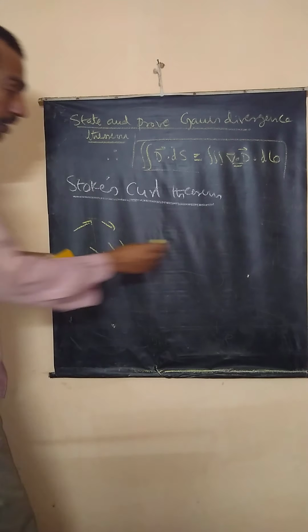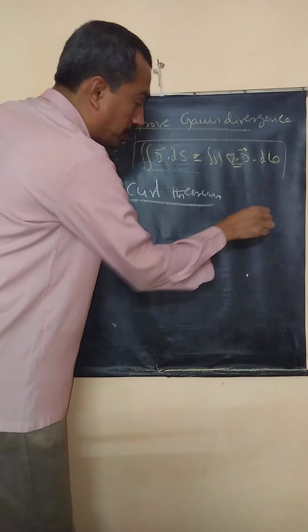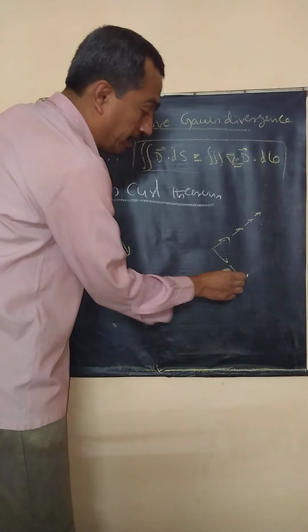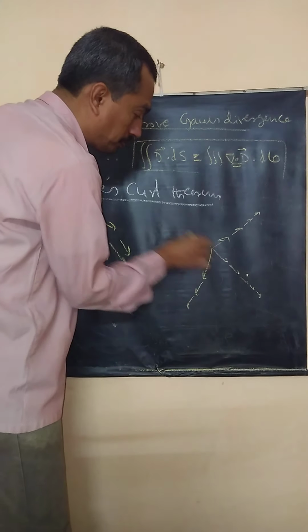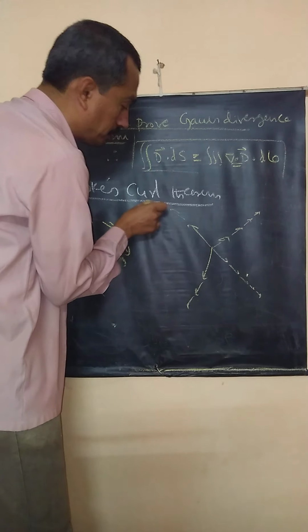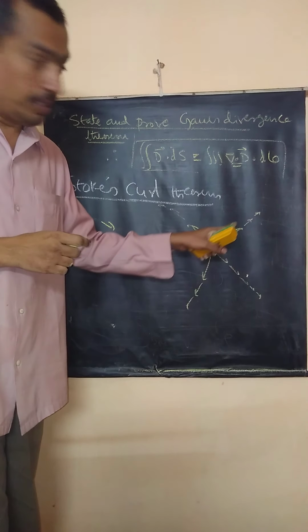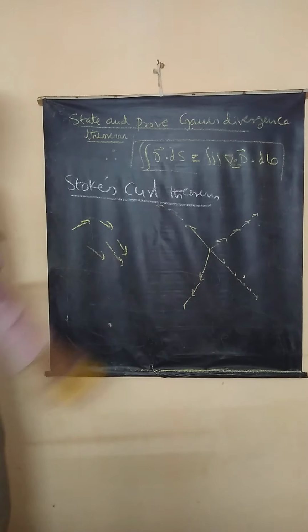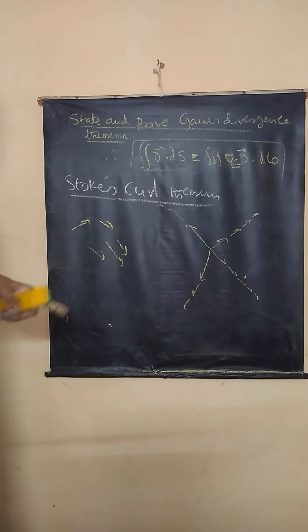Okay? A vector that is varying in space like this, like an electric field, inverse square law, is said to have divergence. Correct? A vector whose magnitude is changing like this is said to have divergence. A vector that is rotating is said to have curl.